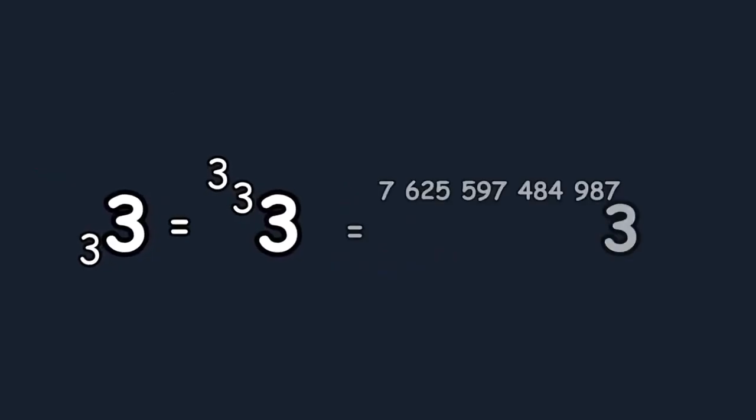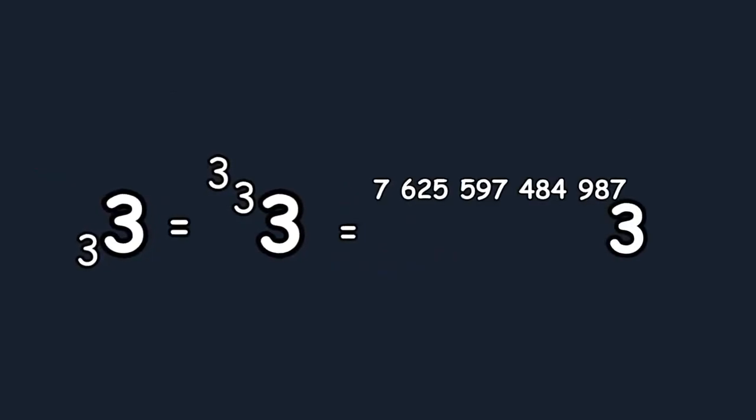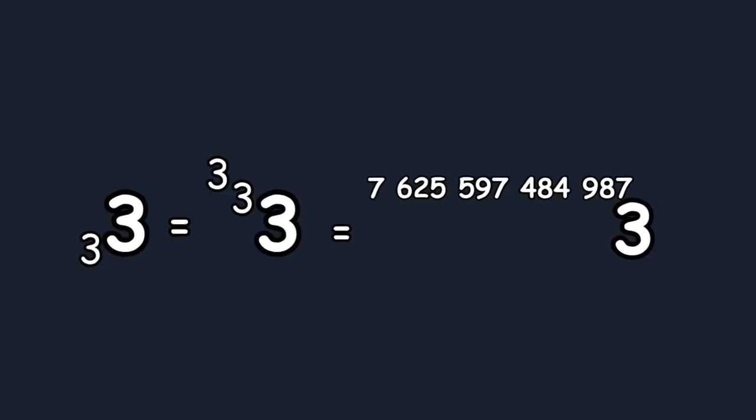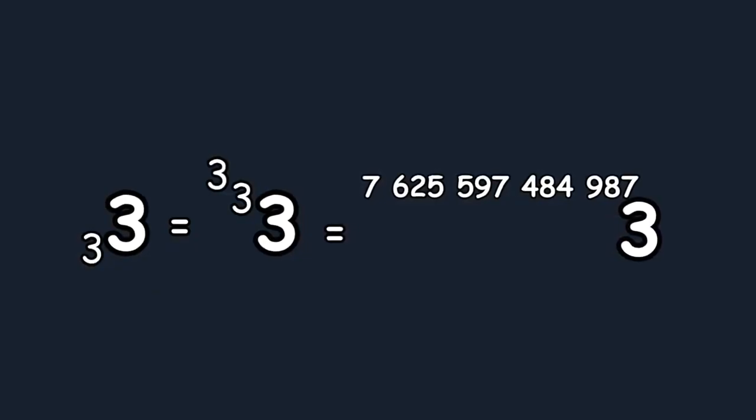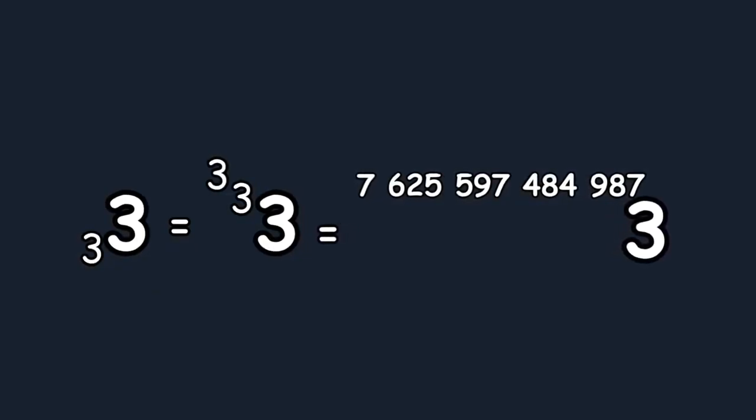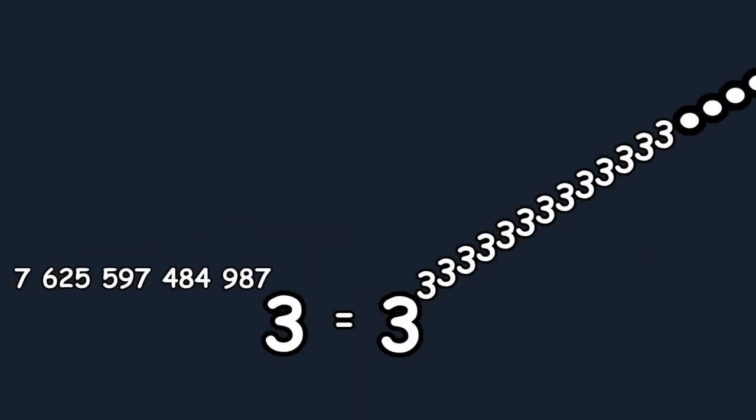So 3 tetration 3 tetration 3 will become 3 tetration 7,625,597,484,987. This means we would have an immense tower of 3 to the power of 3 to the power of 3, repeating 7 trillion times. Son, that's crazy.